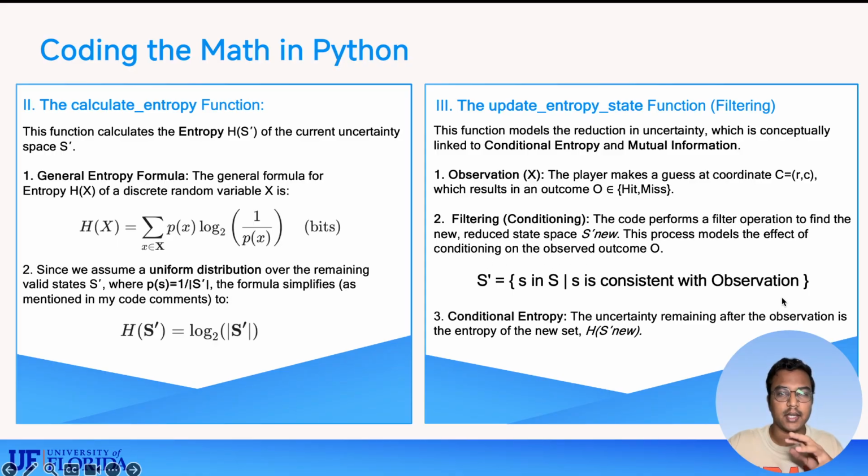It looks at the current list of possible boards and deletes any board that contradicts the new evidence. If we missed at A1, or 1,1, we delete every board that had a ship at 1,1. If we make a hit at A1, at 1,1, we delete every board that didn't have a ship at 1,1. This leaves us with a new smaller set of possibilities, S prime new, thus lowering our entropy.